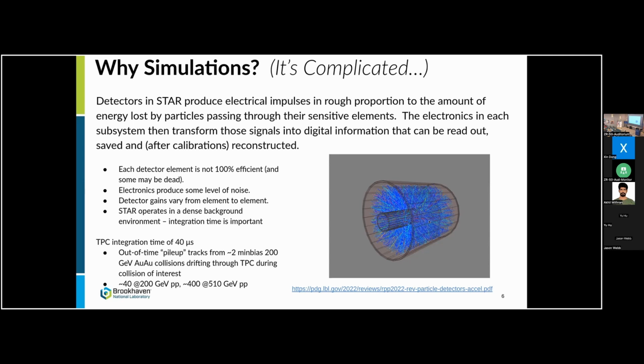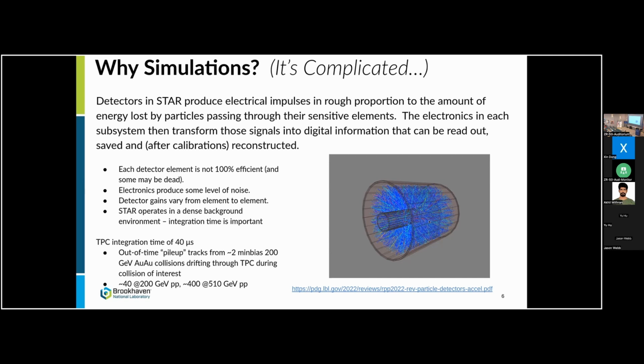Our main tracking detector, the time projection chamber, takes 40 microseconds to read out, which, given the collision arrival times of bunch crossings at STAR, means the out-of-time pileup tracks from two separate minimum bias collisions will be present in the TPC as it's being read out in 200 GeV gold running.